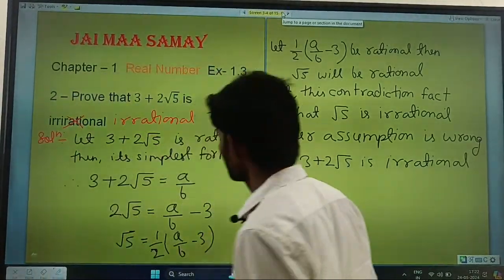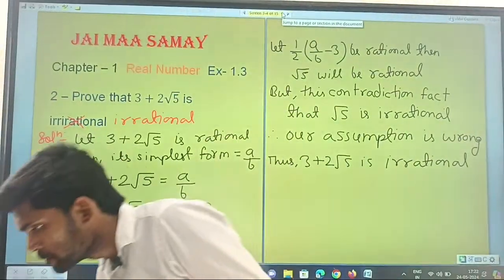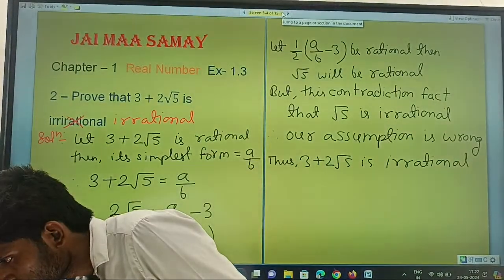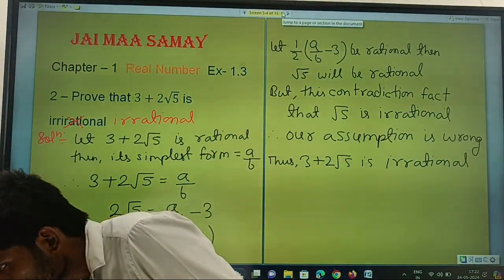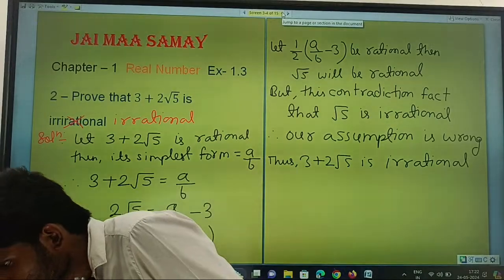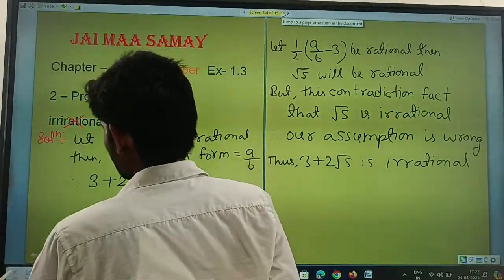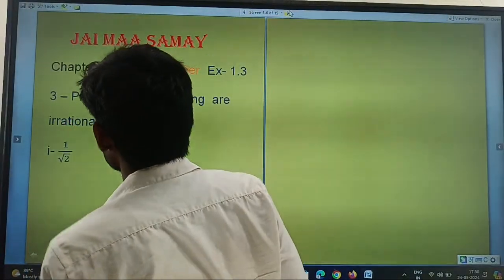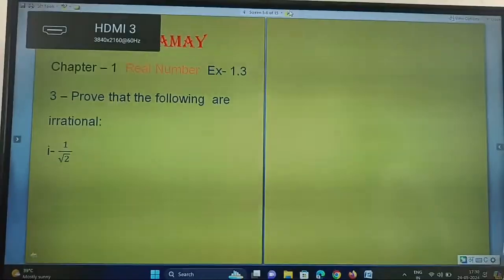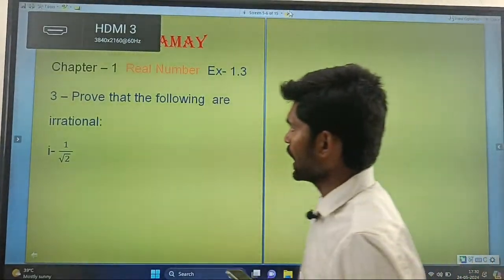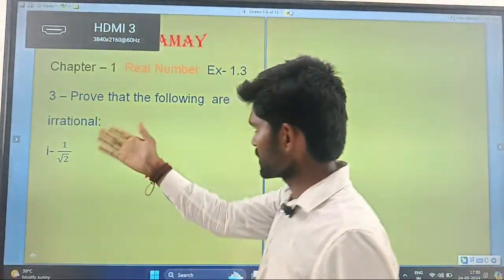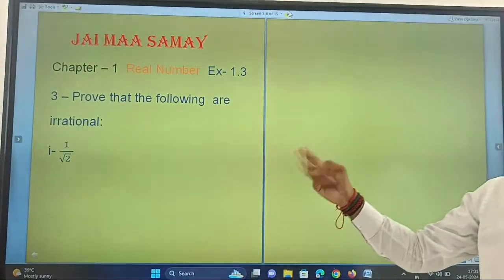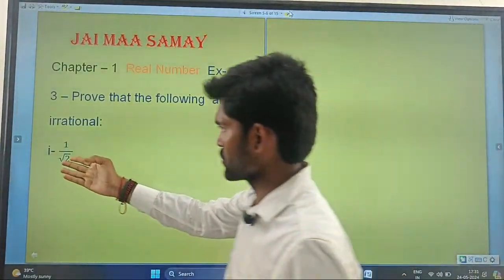Next, learn this statement. Okay, prove that the following are irrational. Dear, in this question there are 3 questions, so here I mention only the first question.